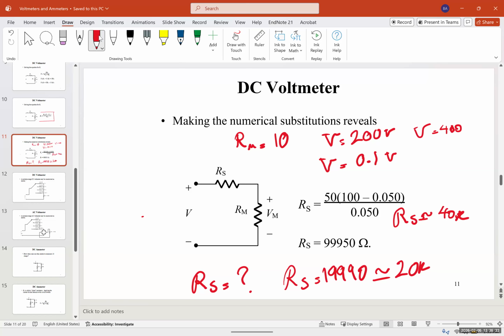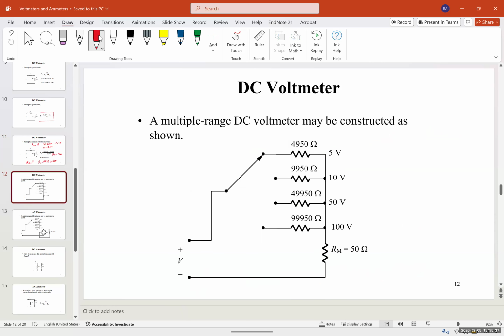Okay. So increasing the voltage that we want to measure, we have to increase the resistance. And this is actually how a DC voltmeter works as well. Instead of having one resistor, they have multiple resistors, and therefore they can measure a multiple range of DC voltages from low to high.